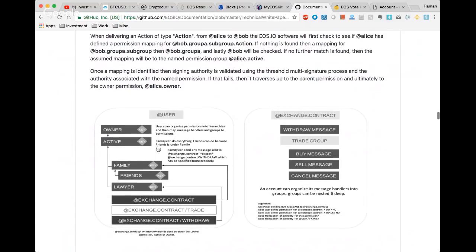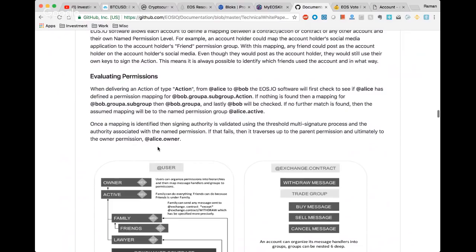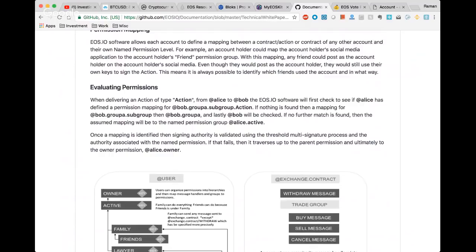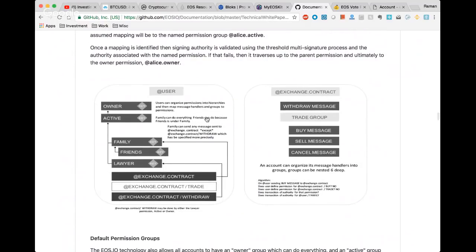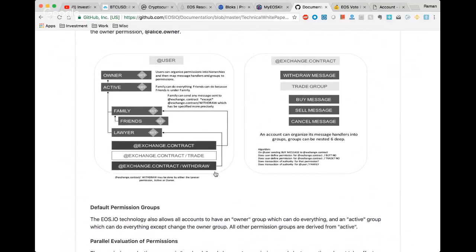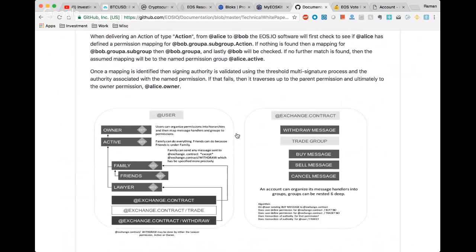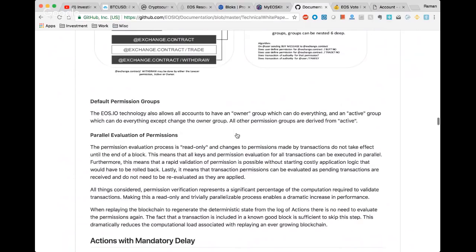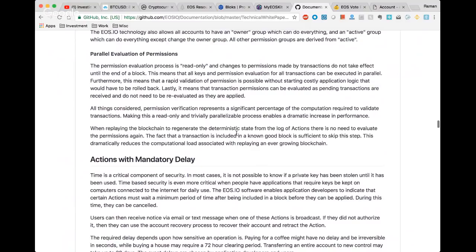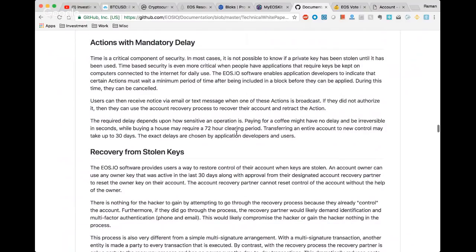But the best explanation I could find is in the white paper, so I would recommend everybody read it if you are really interested in all the details of why there are multiple keys and why there is a lot of permission systems. By default right now, I think there's a single key everybody has, which is the same as owner and active. I think this is one of the most important features, how this key management works, especially the recovery of stolen keys.